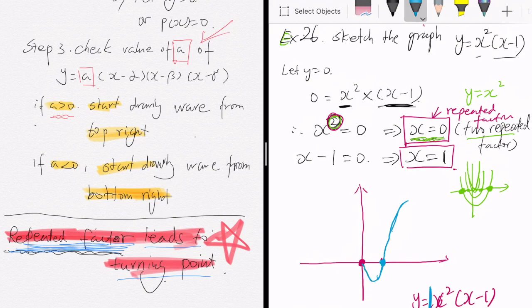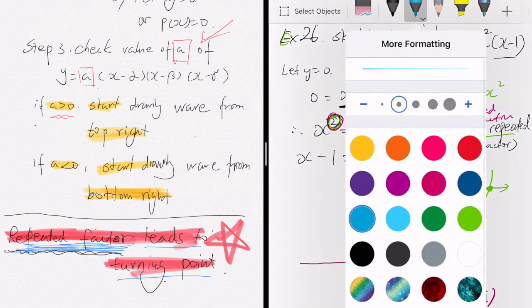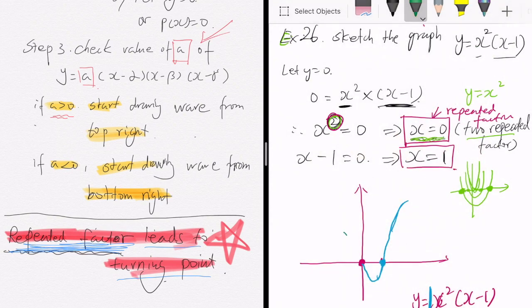Now, because this is a repeated factor, it is a turning point. Technically, if this were not a repeated factor, I would need to cross it, but it is repeated.